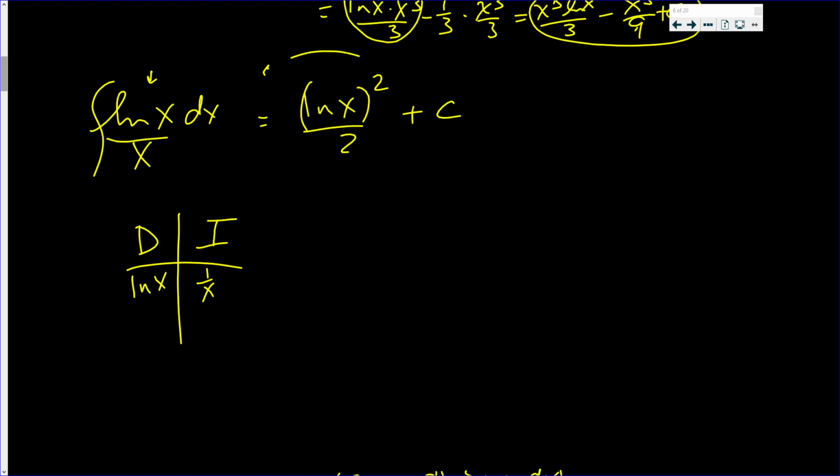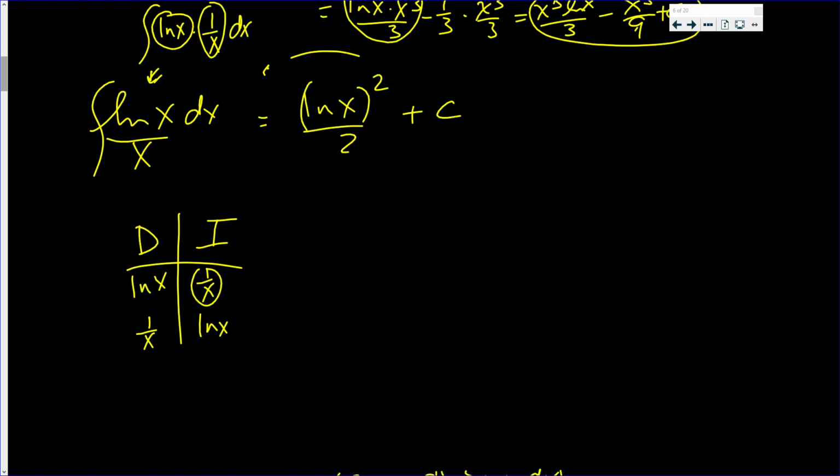Remember, this integral is ln of x times 1 over x dx. I pick one part to differentiate, and I take the other part to integrate. The derivative of ln of x is 1 over x. The integral of 1 over x is ln of x.